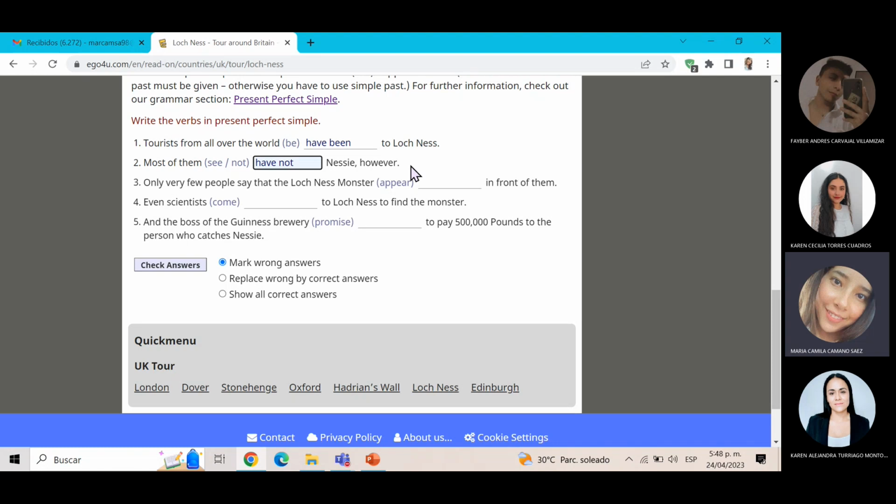No, this is the past simple form. Remember, it's the past participle form. Can you spell it? Sawn.